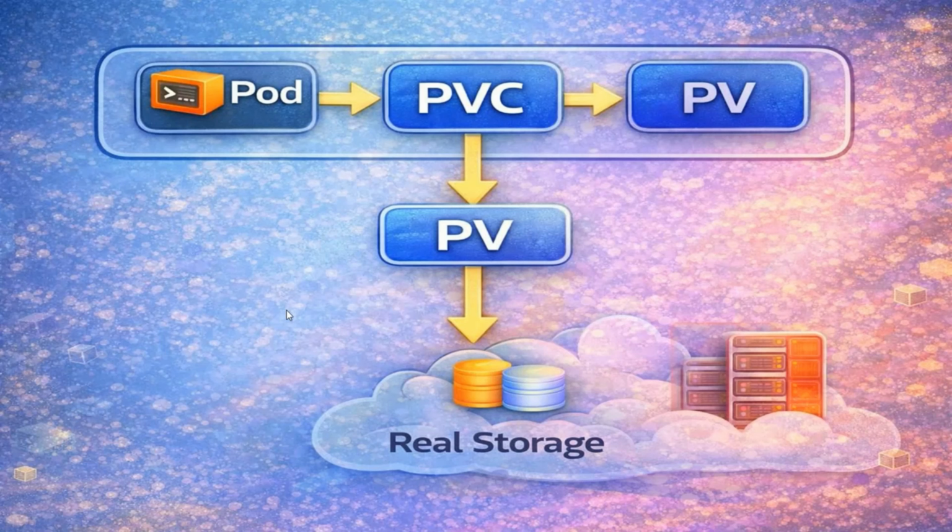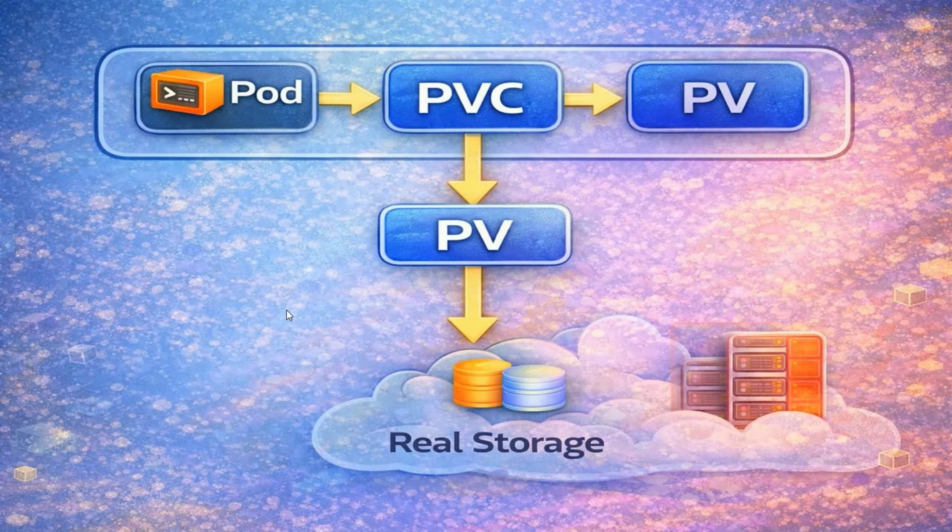The PV talks to the real storage, which is an EBS volume or object storage, whatever it is. This layering is what makes Kubernetes storage flexible and powerful, and it will be available at the cluster level. It is not for the object, it's not for the node level. Okay, now everything is connected.